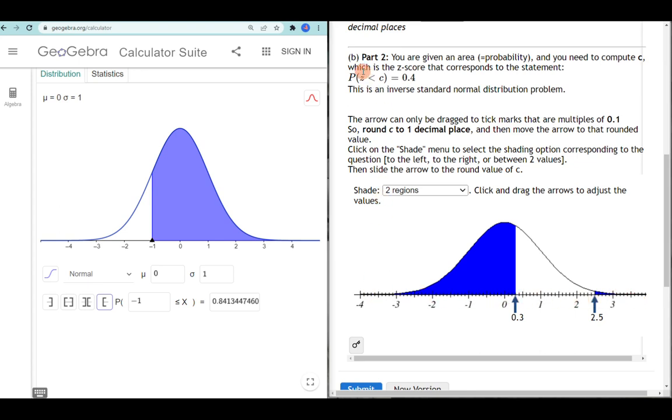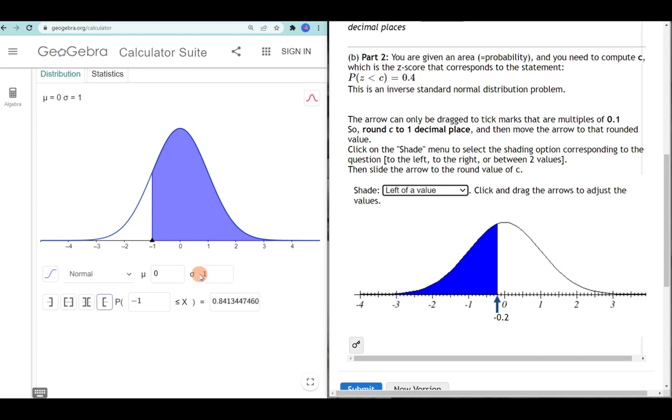So I want a z-score less than a given value. That means I want the z-scores to the left of a given value. I want to be shading the left of a value. And again, I want to know where do I need to put this arrow so that the shaded area is equal to 0.4. That is what this is asking. c is this point here. What does c need to be so that the area underneath it is equal to 0.4?